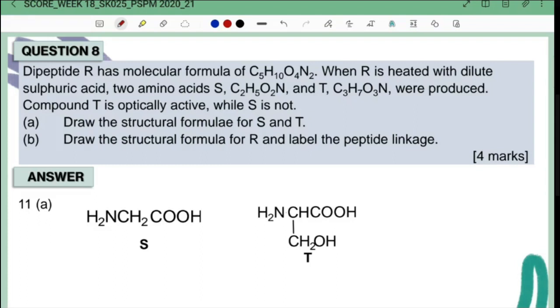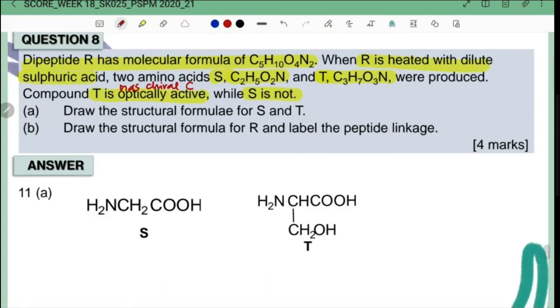When R is heated with dilute sulfuric acid, 2 amino acids, S, C2H5O2N, and T, C3H7O3N, are produced. Compound T is optically active while S is not. So T has a chiral carbon. Draw the structural formula of S and T.